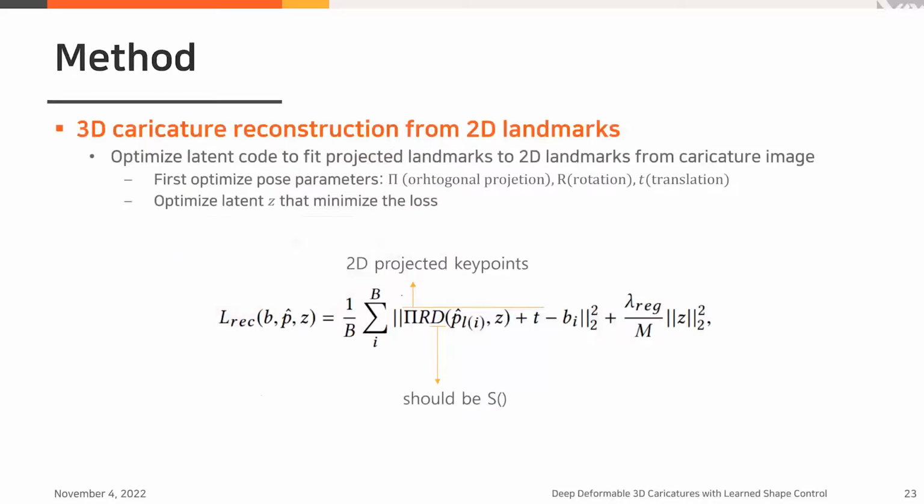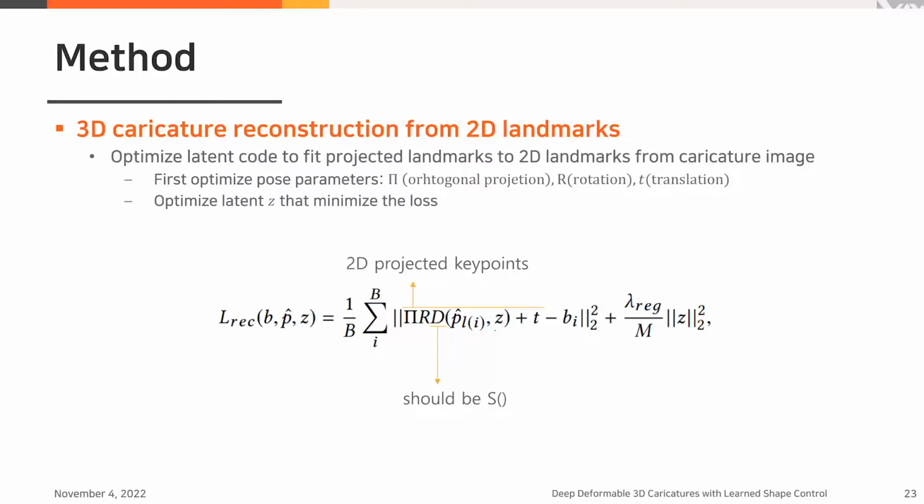They have a dataset of paired 2D landmarks and 2D caricatures, and they try to optimize the latent code so that the 3D key points projected onto 2D match the landmarks of the 2D caricature images.